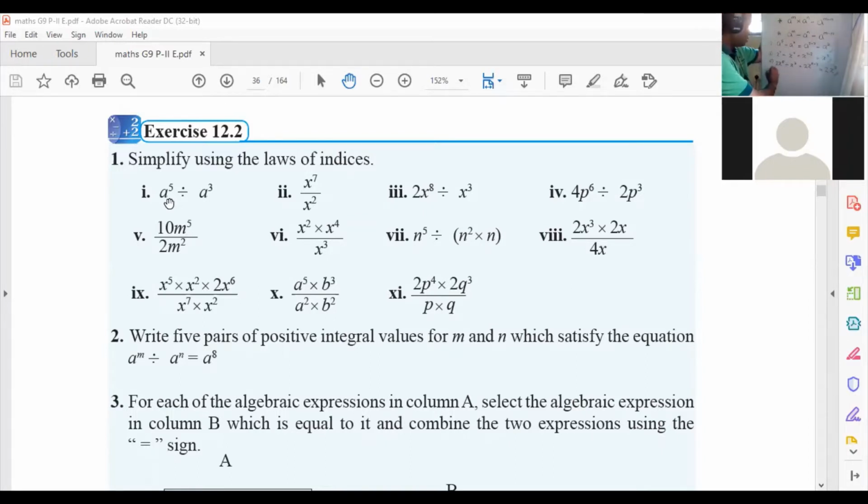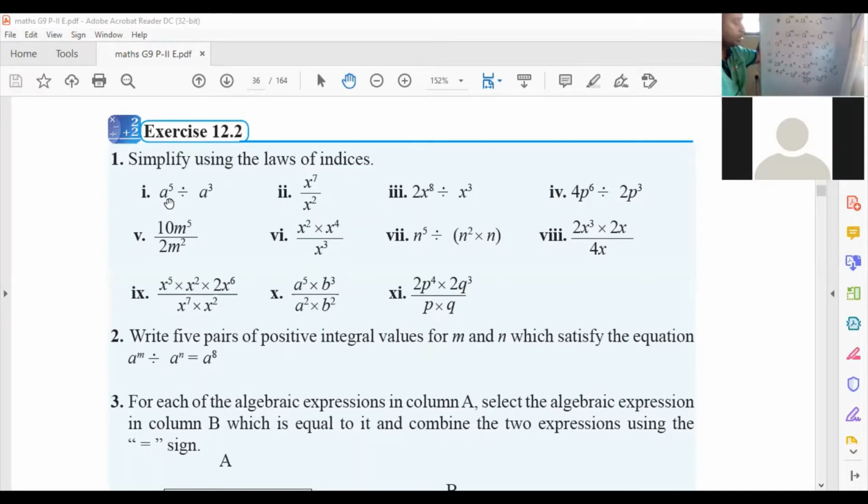Then the fourth question, 4p to the power 6 divided by 2p to the power 3 equals 4 divided by 2, which is 2, p to the power 6 minus 3.